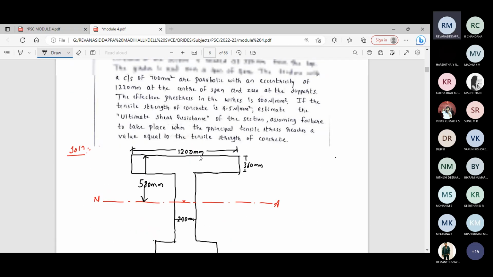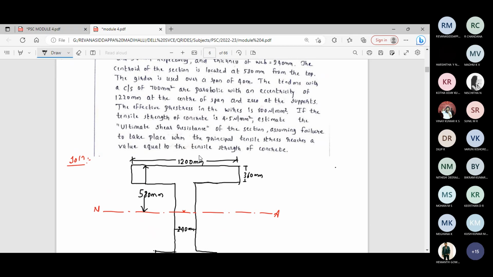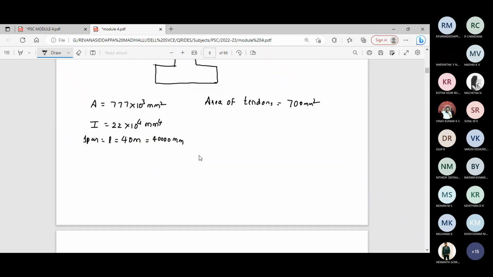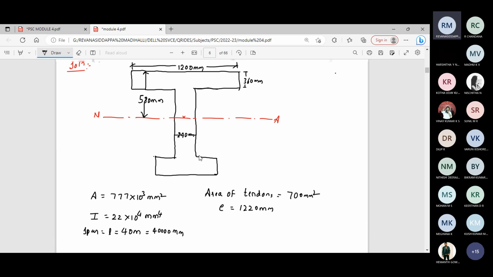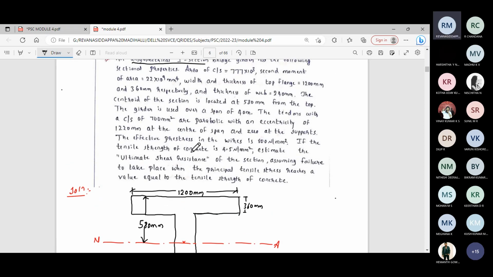It is a parabolic cable, with an eccentricity of 1220 mm at the center of the span and 0 at the supports.